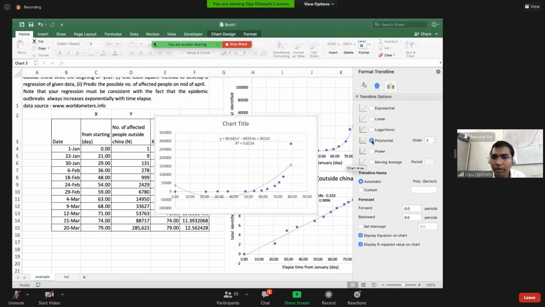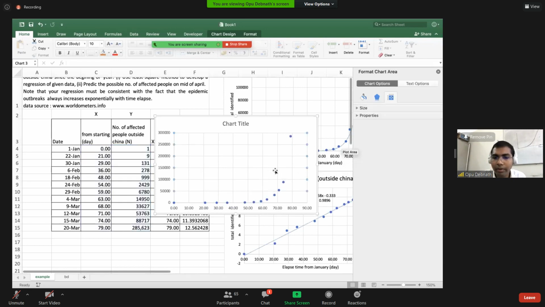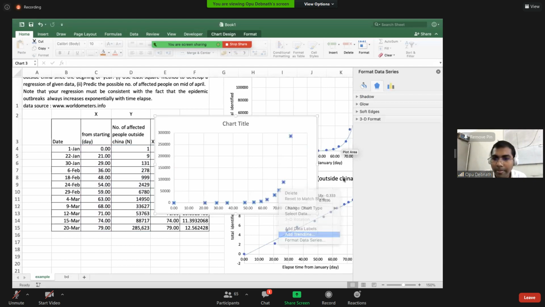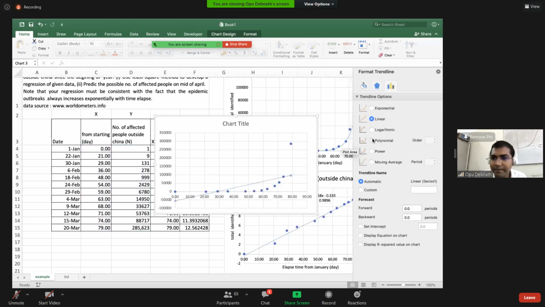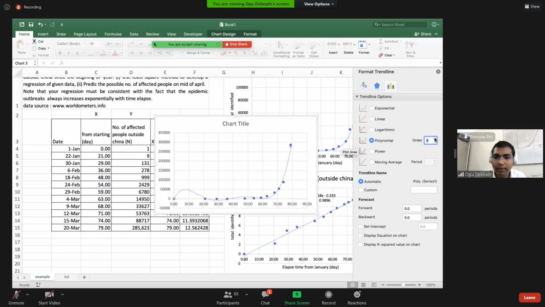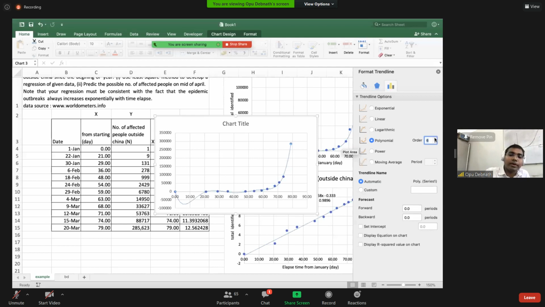Or simply polynomial or power. Sorry, polynomial. That means it may be second order polynomial, third order, fourth order, fifth order. Sometimes your data may show scattered variation.